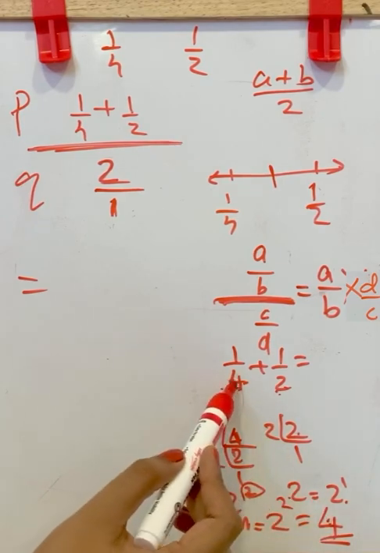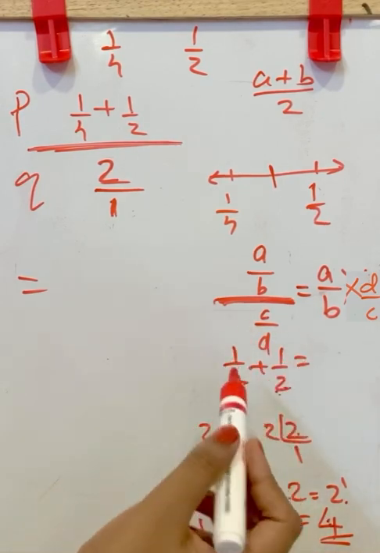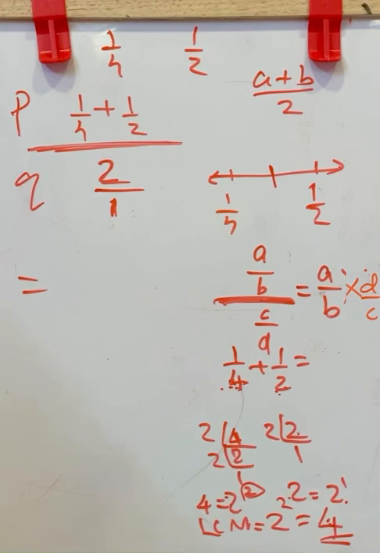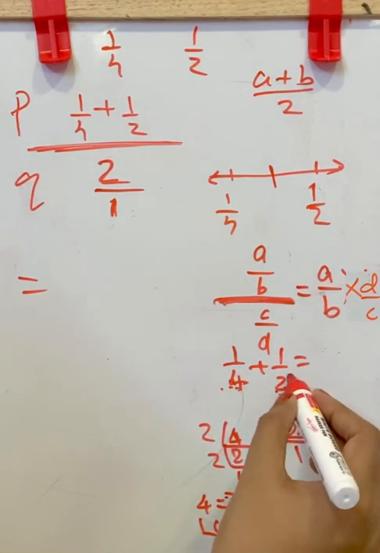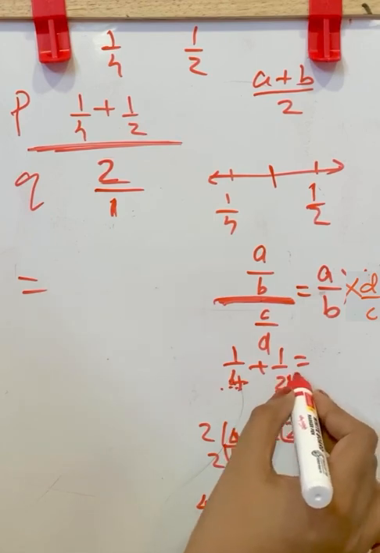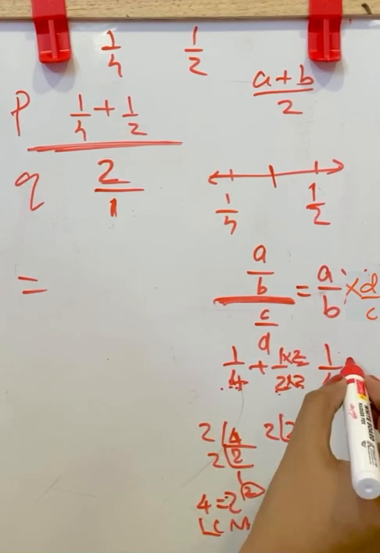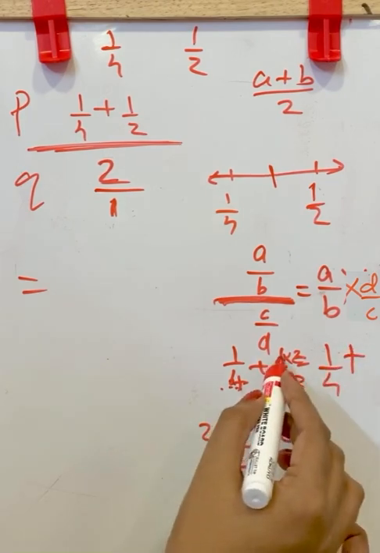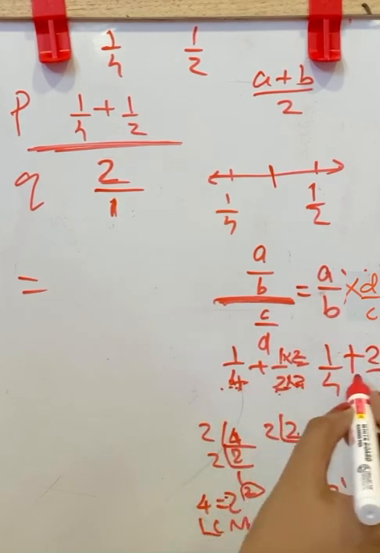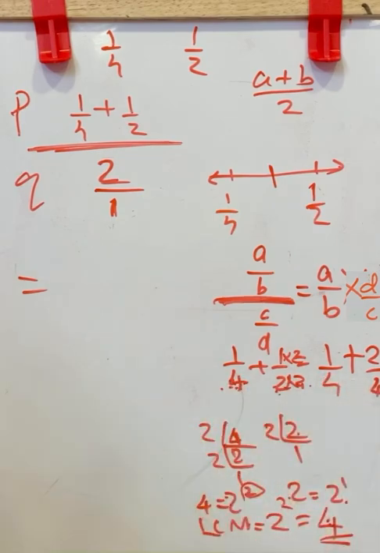We have to make the denominators 4. This is already 4, so no change for numerator and denominator. This is 1 by 2. This 2 we want to change to 4. How will you make it? Into 2. Here we are multiplying by 2, so in the numerator also by 2. This becomes 1 by 4 without change, plus 1 twos are 2, 2 twos are 4, so 2 by 4. Now both the denominators are the same.